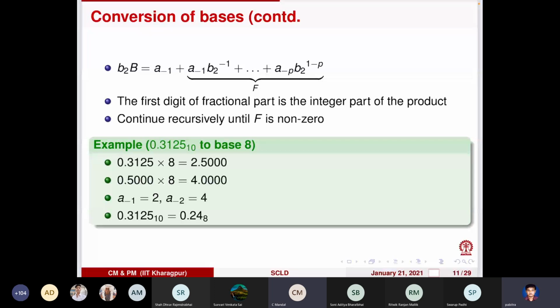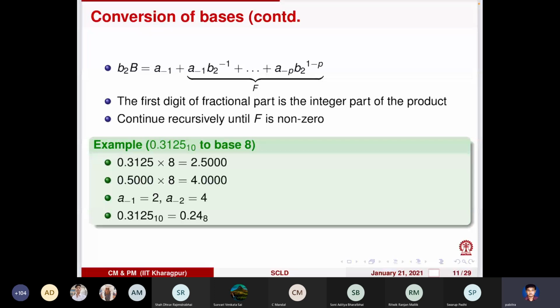So you keep the integer part, which is 2, and you take the fractional part out. That's your next digit, a_-1, and the remaining part is f, the fractional part. So a_-1 is 2, and f is 0.500. Multiply that by 8 again: 0.500 times 8 gives 4.000. The integer part is 4, that's your a_-2.